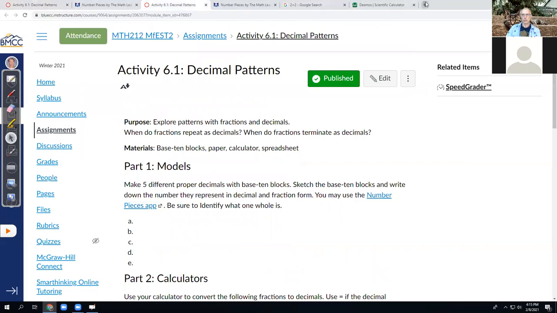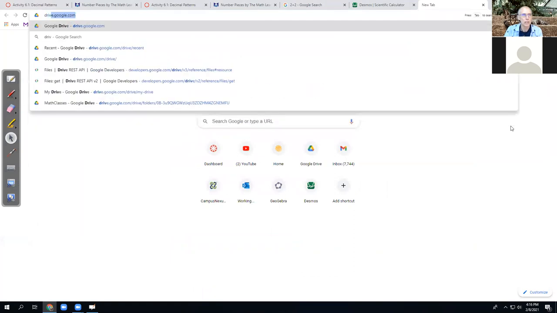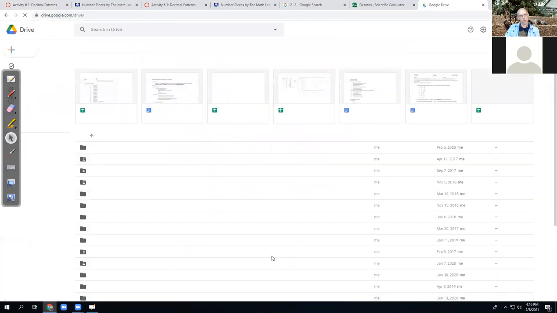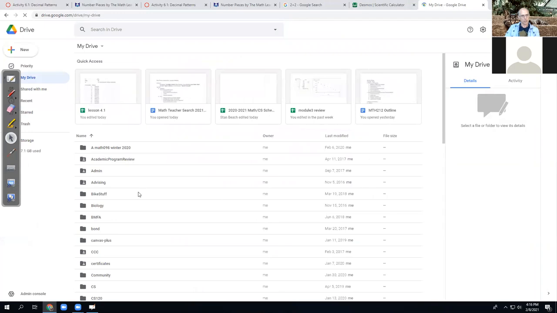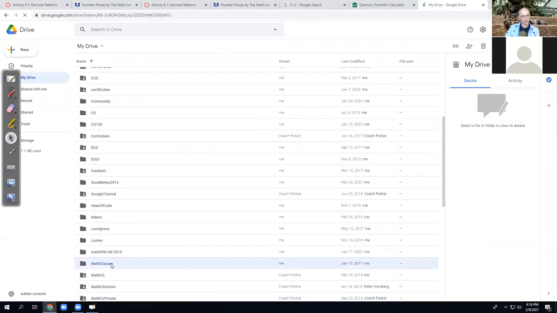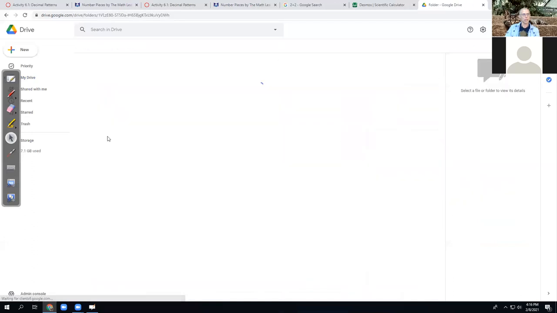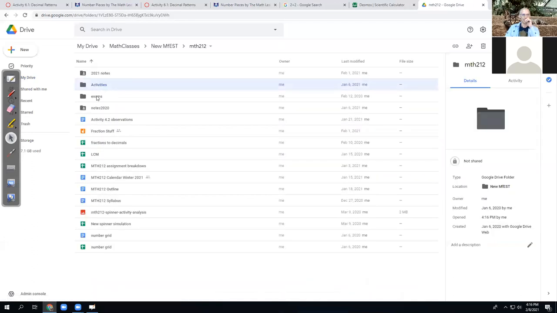So let me get a new sheet up. I prefer Google Sheets. I usually get there by going to my Google Drive first and then picking a folder to put it in. This is an activity.